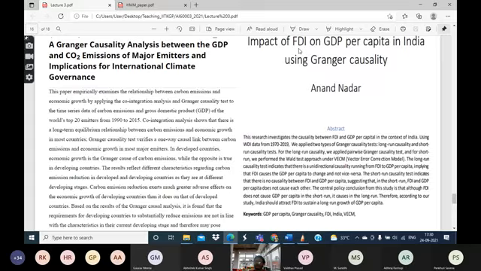Others say that no such relationship is there. It is because the economy is growing anyway that it seems that FDI is helping it.